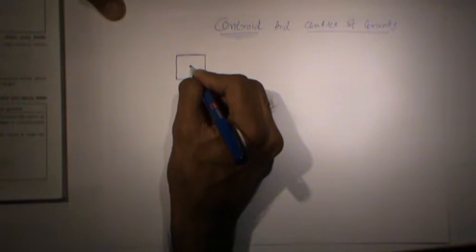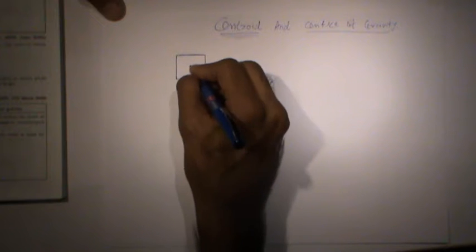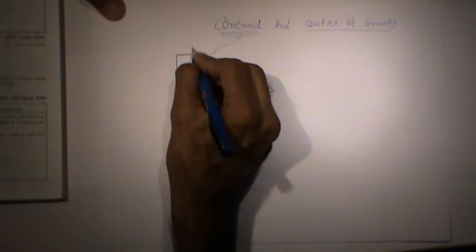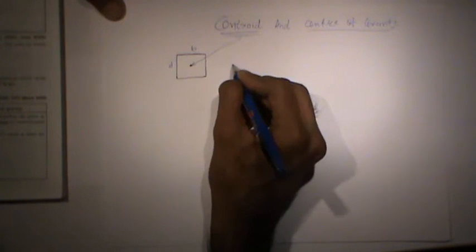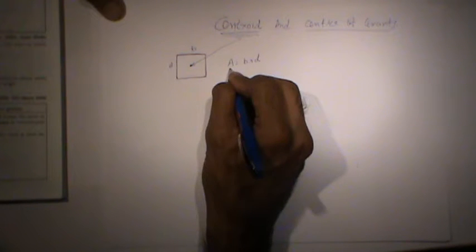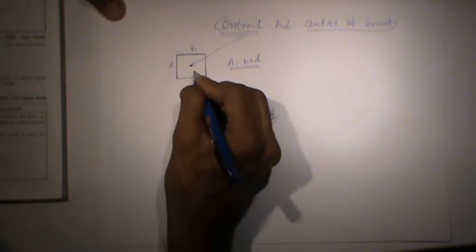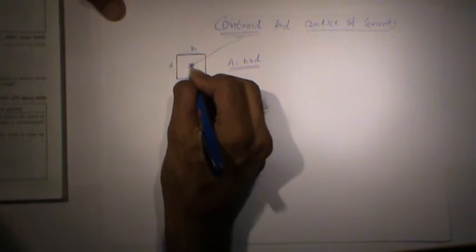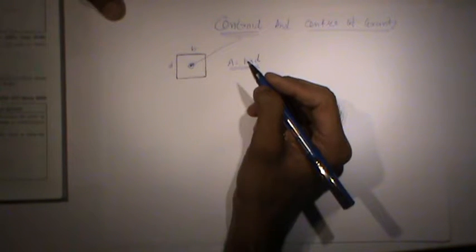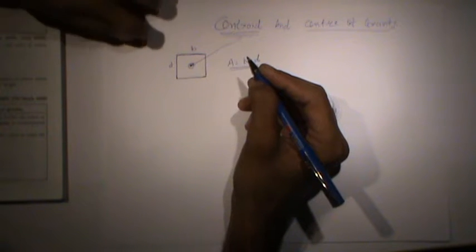So this point where the whole area is concentrated is called the centroid. Suppose it has the width B and depth D. So the area that is equal to B into D is concentrated on this point, and this point is known as the centroid.